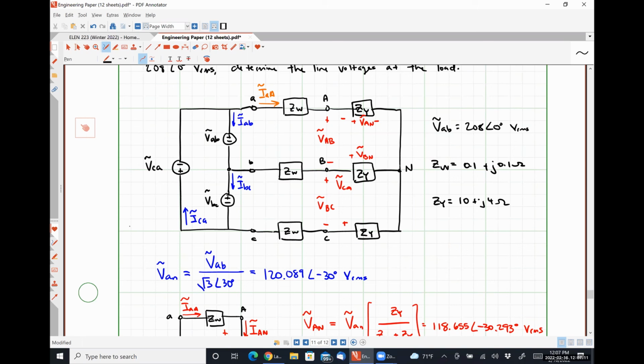Is there literally any quantity in this circuit that I could ask you for that you can't figure out at this point? The hardest one to do are these phase currents, which is literally just Kirchhoff's current law. The circuit analysis that we're doing in these circuits isn't supposed to be difficult.